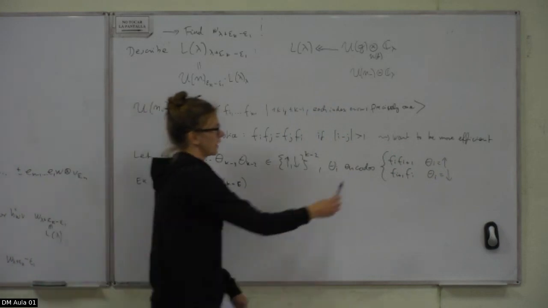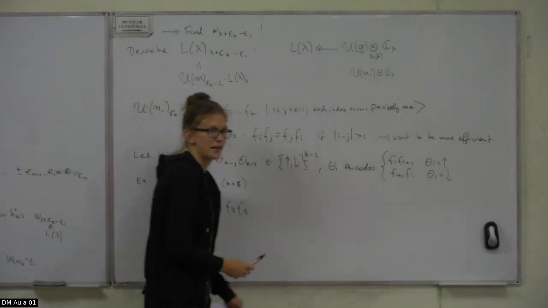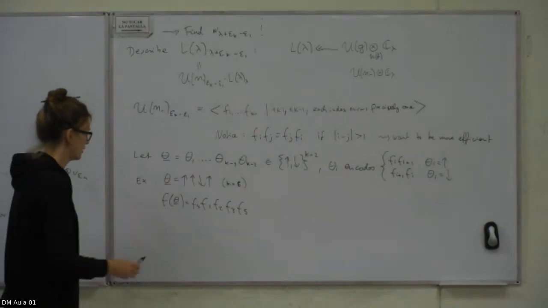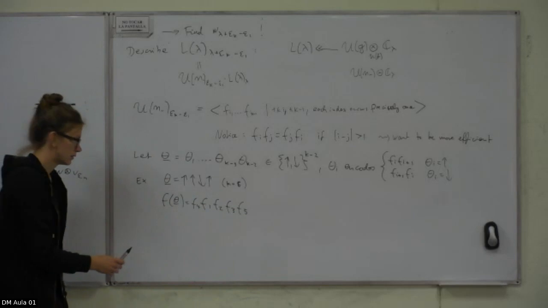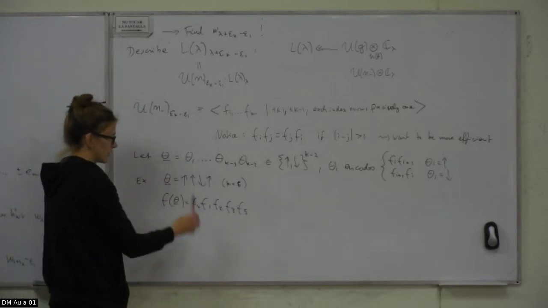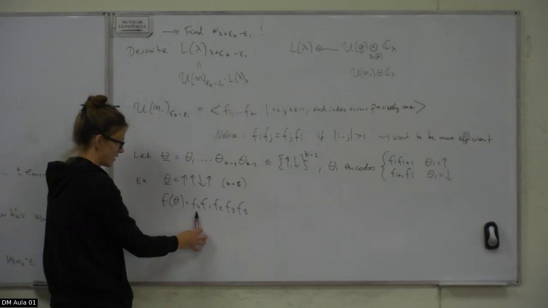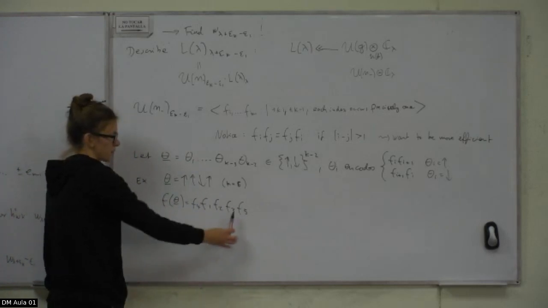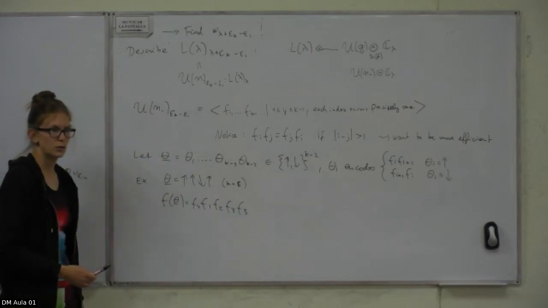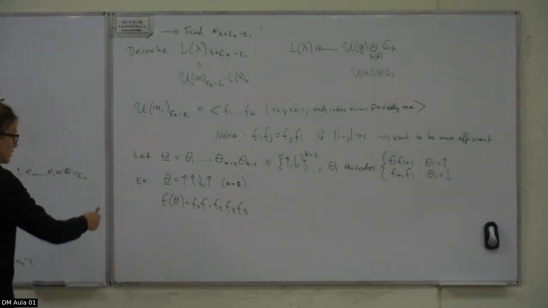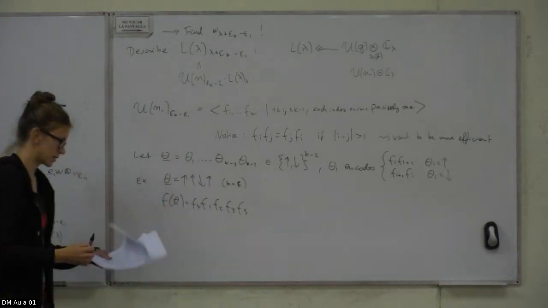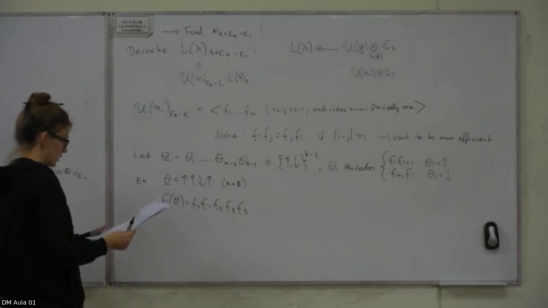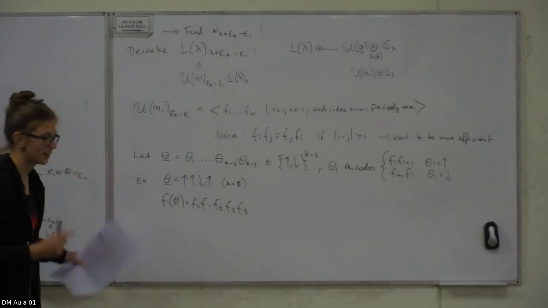They don't have to meet immediately, because there can always be some f_j's in between that have an index far away from i and i+1, and they commute. So the only interesting f for this f_5 would be the f_4, and as long as we are to the right of that one, it's the same monomial. So that's a more efficient way to encode this, and it turns out that this notation is also very convenient for computations.